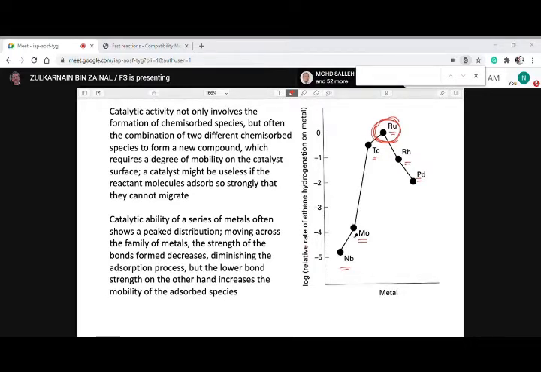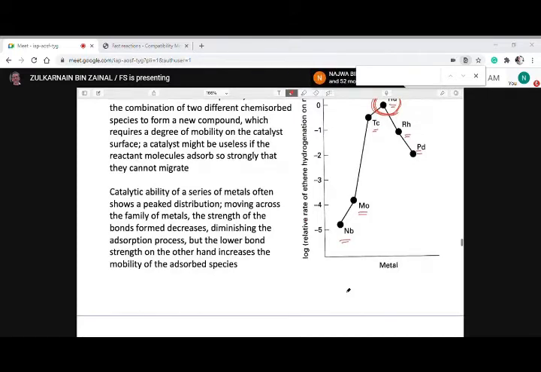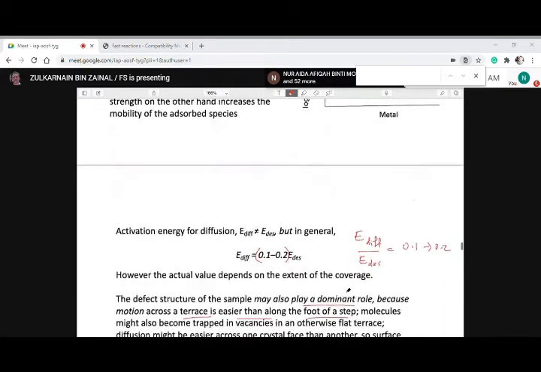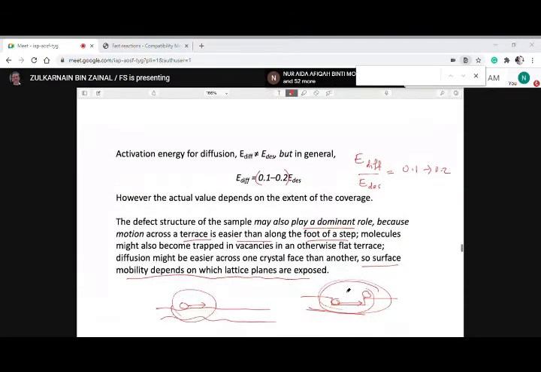So the catalyst or the surface has to allow the reactants to move from one place to another for the reaction to occur. At the same time, it has to have some amount of desorbability. These all have to be balanced so that the reaction can occur, and we can get a good process to occur with good rate.